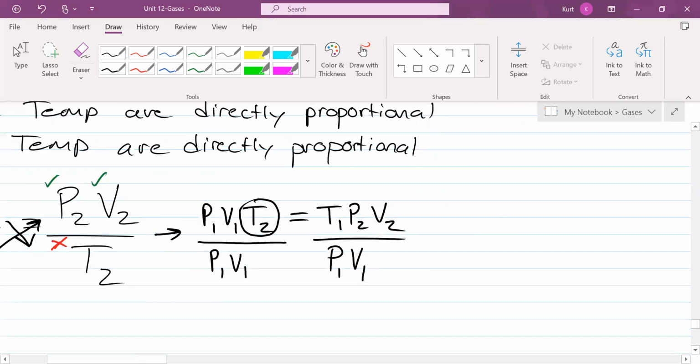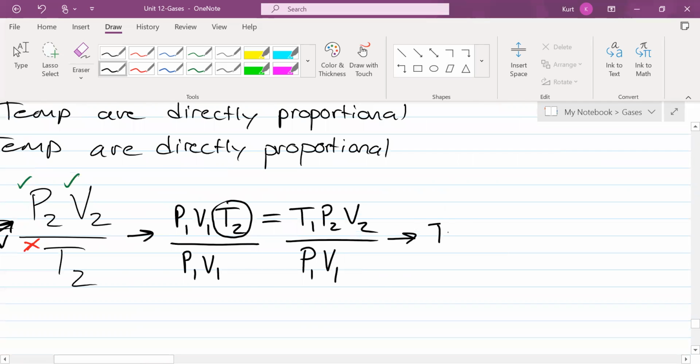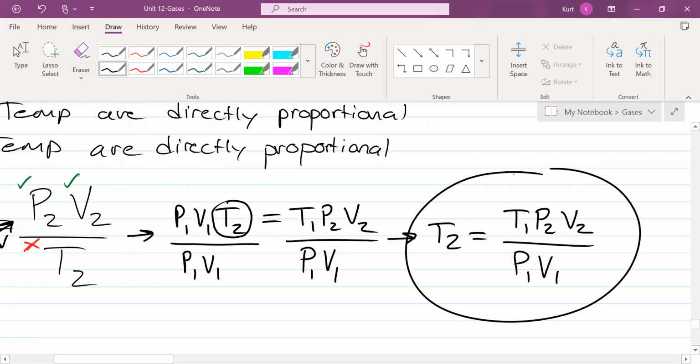And so now you'll be having T2 on one side, T1, P2, V2, P1, V1 on the other side. So that's how you would solve for T2 or T1 if necessary.